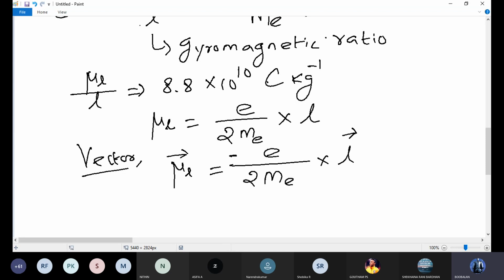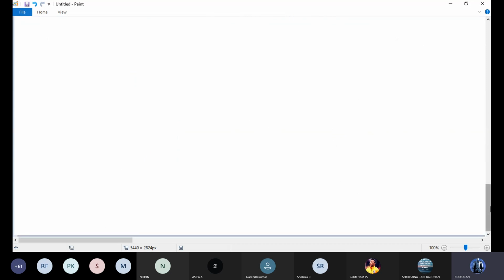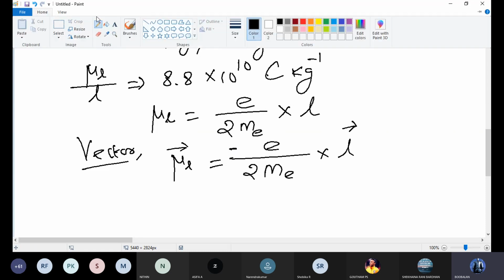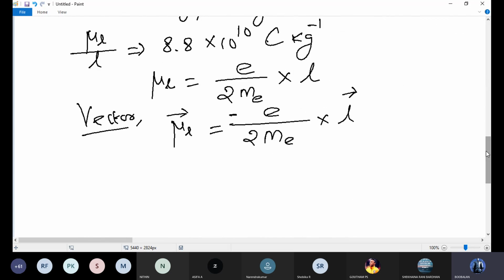Why we use minus: the direction of L is opposite to mu L. From the diagram, mu L is downward and L is upward, so L is opposite to mu L. That is why I mention the minus. Is it clear? These are equation numbers 5, 6, 7.